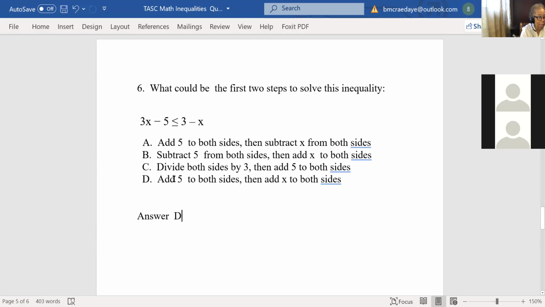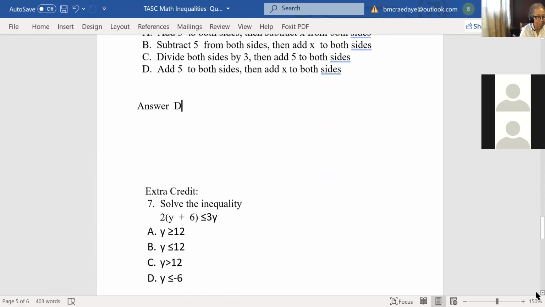They both have to be adds because they both are subtractions: the minus 5, the minus x. Any questions on number 6? No. Okay. And I gave you an extra credit one, number 7.